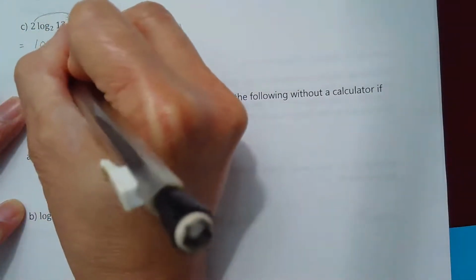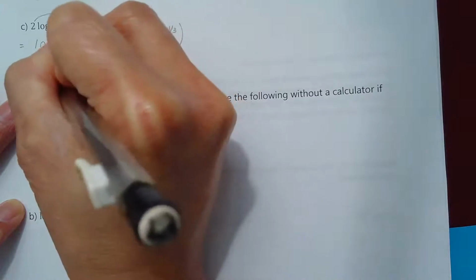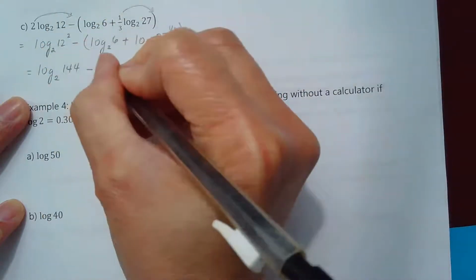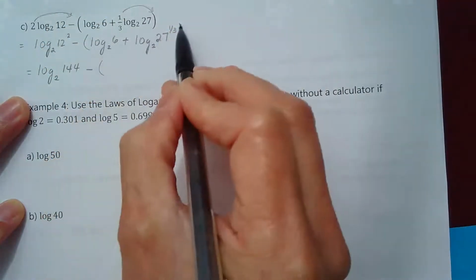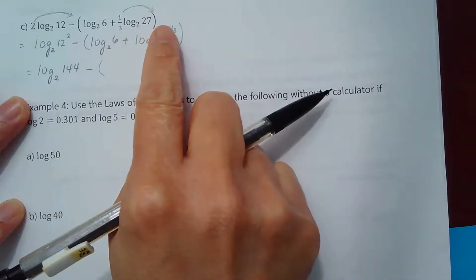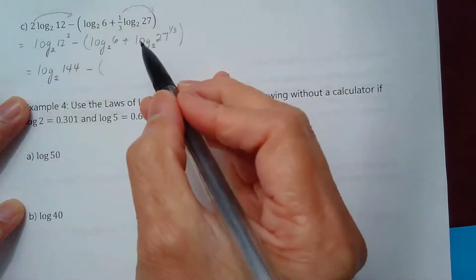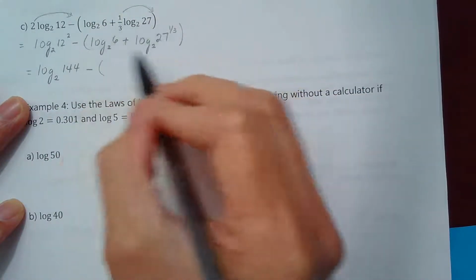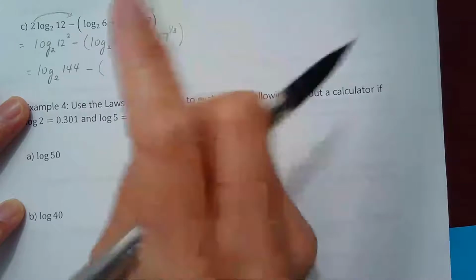Log of 144 base 2 minus, since all of these are inside the brackets, we're going to simplify that one first.